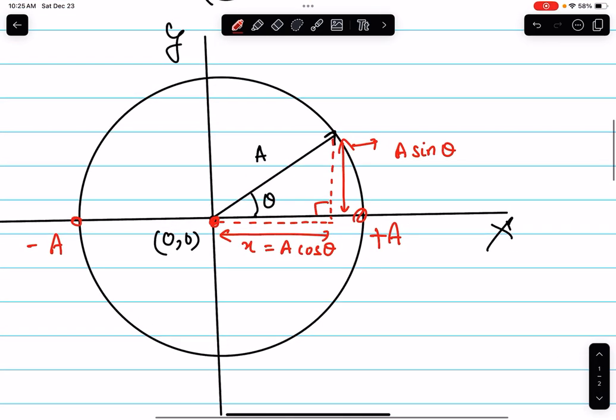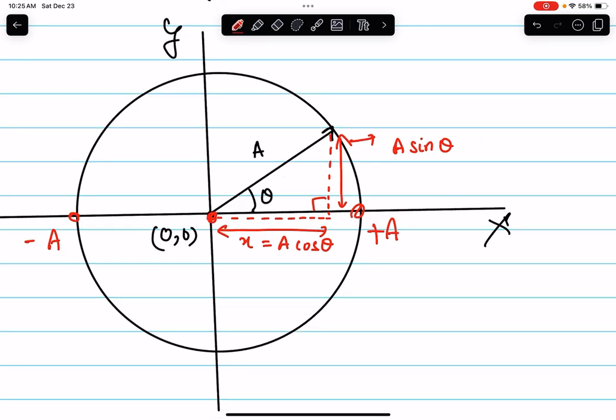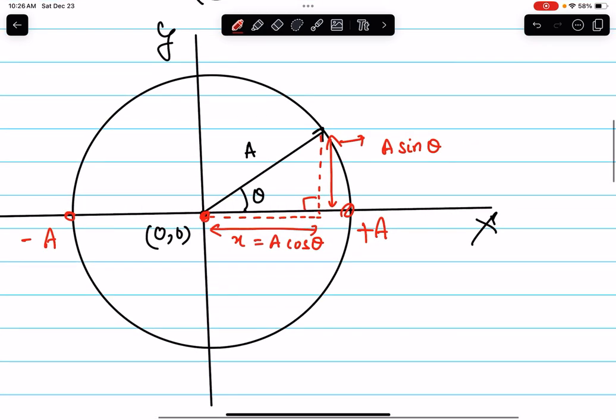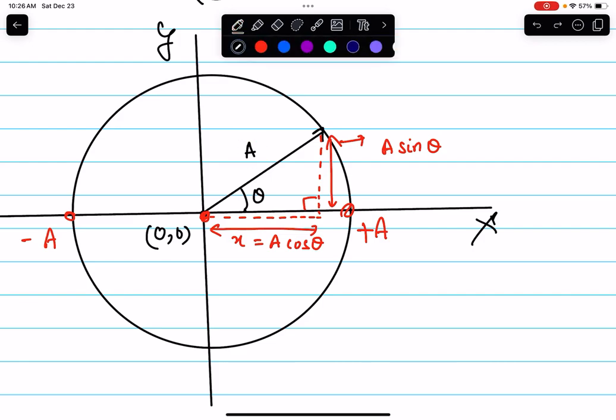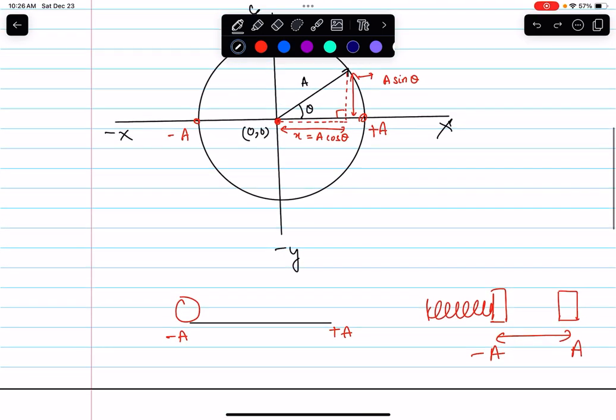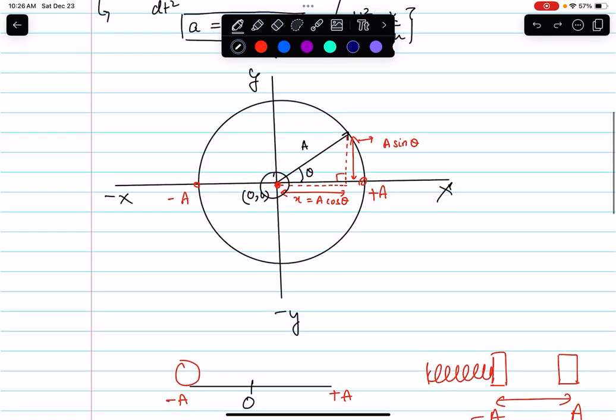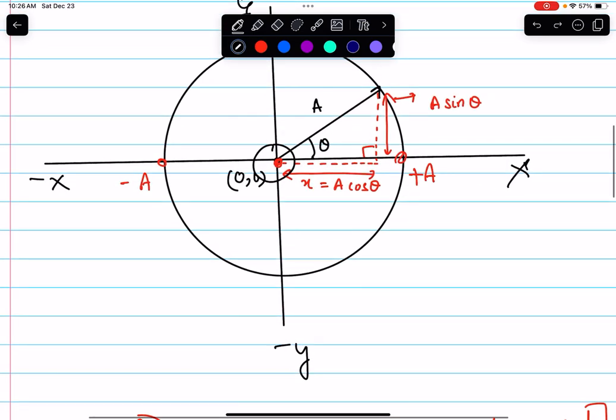That's basically trigonometry that we're applying over here. The radius A is just the amplitude, so the magnitude of the radius is the same as the amplitude. If this is 0, 0 and this is 0, 0, then if you go to the right, you get to the positive amplitude. So that's why we can say that the instantaneous x displacement is A cosine of theta.